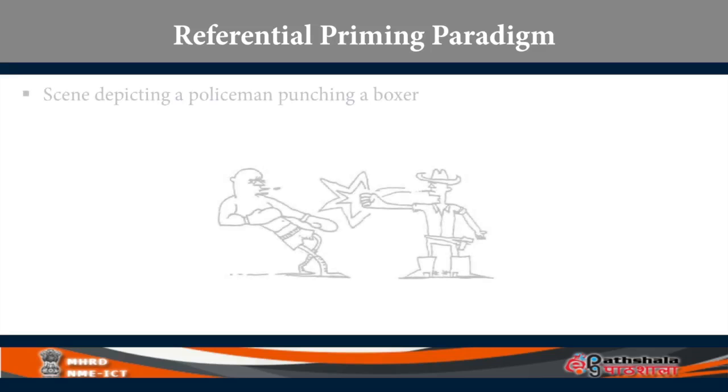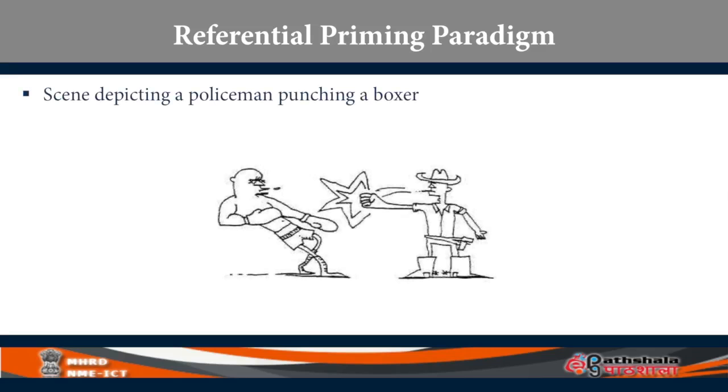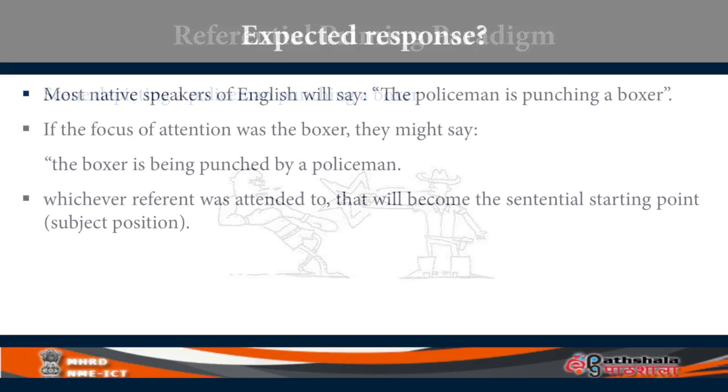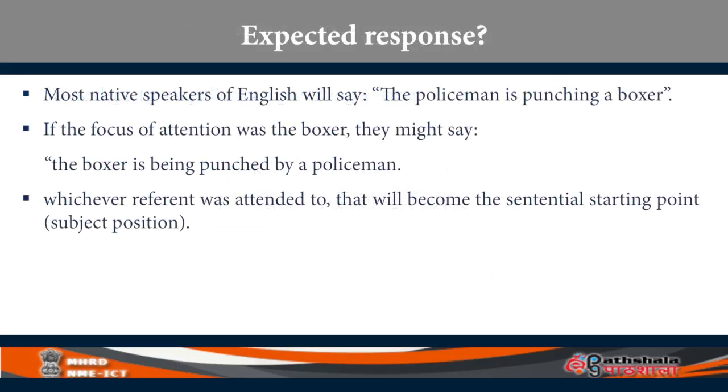Suppose I show you a scene. Look at the picture on the screen. Here, a policeman on the left side is punching the boxer who looks like a thief. If you want to think of him as a thief, that's fine. Policeman is punching the boxer. So if I show it to a native speaker of English, they'll say the policeman is punching a boxer.